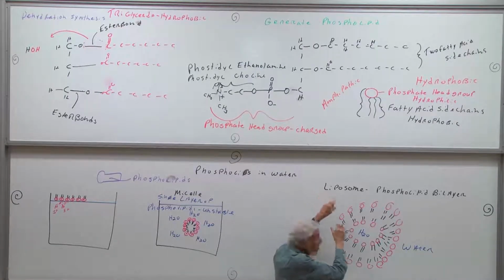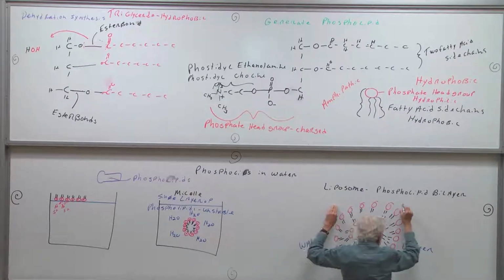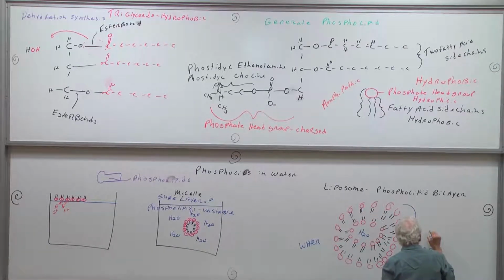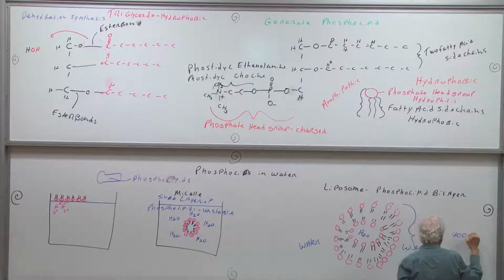Typically we see these in biology, and the diameter of these is about 20 to 400 nanometers. That's about 0.02 to 0.4 micrometers.